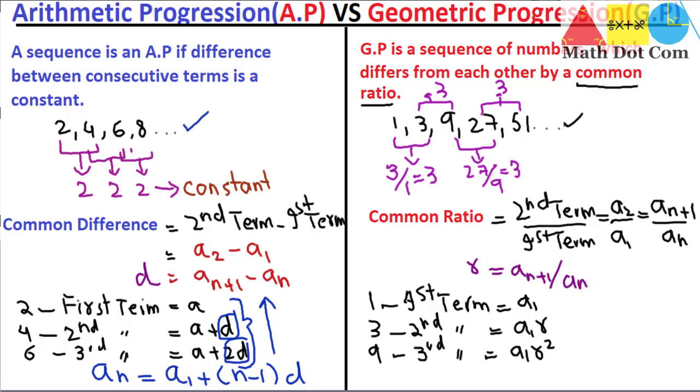The general formula of the geometric progression will be a_n equals a_1 r raised to the power n minus 1, where a_n is the nth term, a_1 is the first term, r is the common ratio, and n is the number of the term, or you can say the nth term. If n is equal to 1, then it will be replaced by 1.